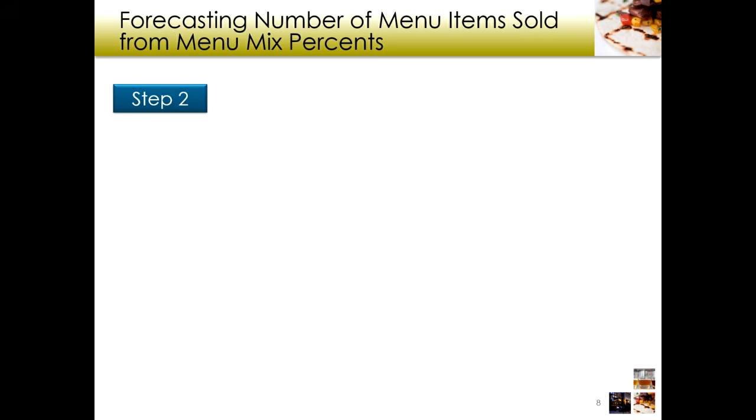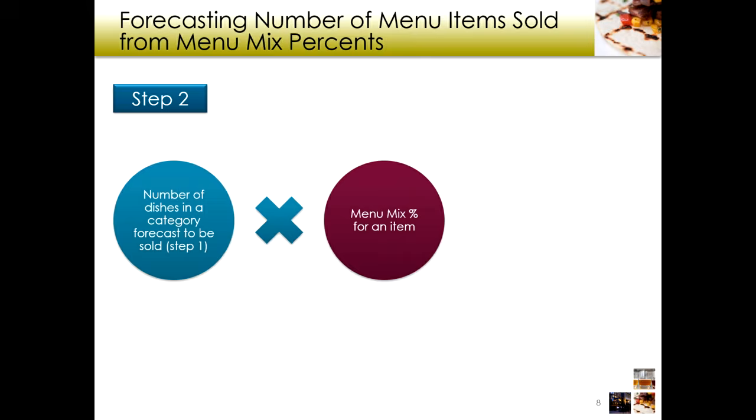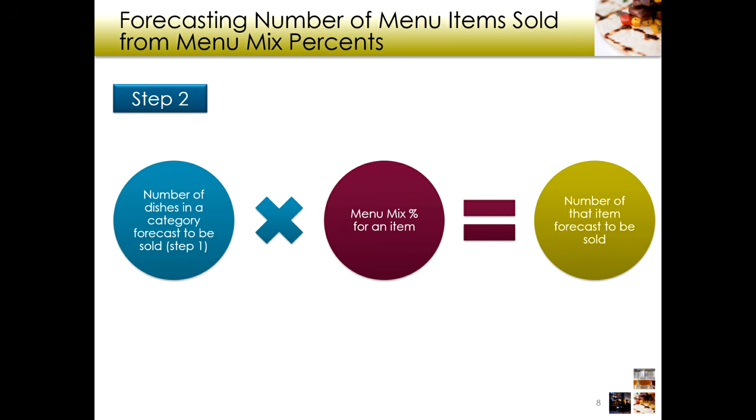The next step is to apply our menu mix percentage to the number of people that we think are going to have a dessert, which gives us the number of that item that we need to prepare or that we think we're going to sell. In the case of our example before, it was the sorbets, right? We figured that 330 people were coming in, only 140 people were going to have dessert, and then it was 26% or something like that who were going to have the sorbet, right?